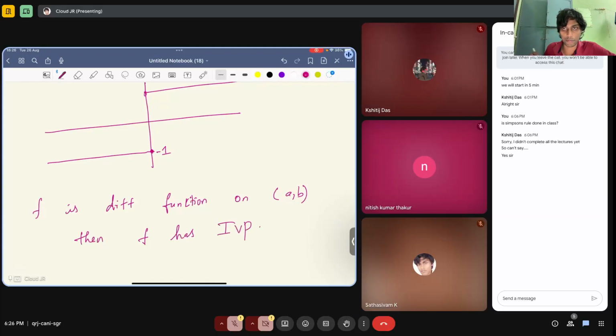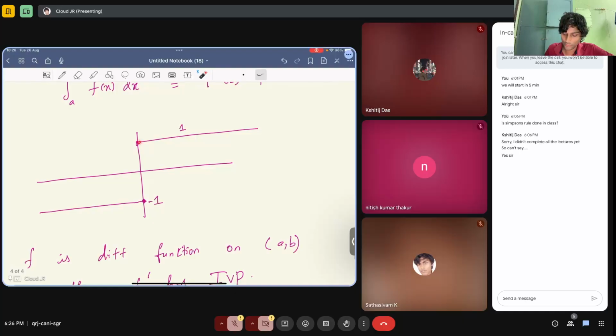You remember the intermediate value property, right? It's like the intermediate value theorem. So this is way stronger. It tells you the derivative need not be continuous. Even though the derivative is not continuous, it has the intermediate value property.